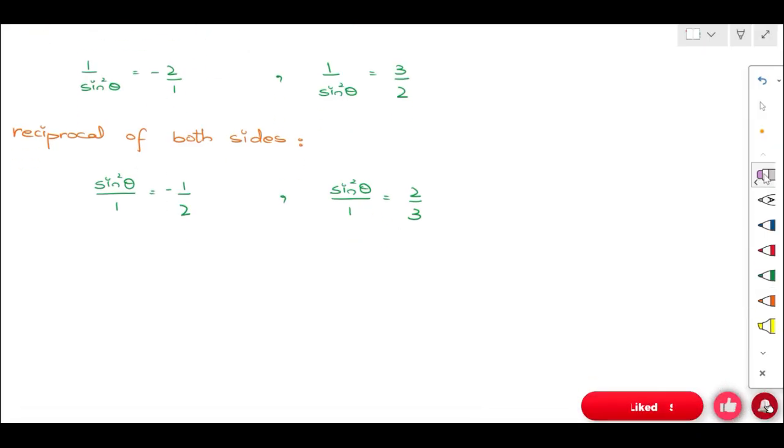So you can cancel the over 1. Now we have to take a square root on both sides to get rid of this square. Whenever we take the square root on both sides, the answer should be plus minus, right?